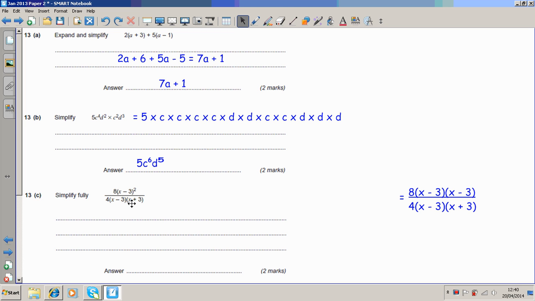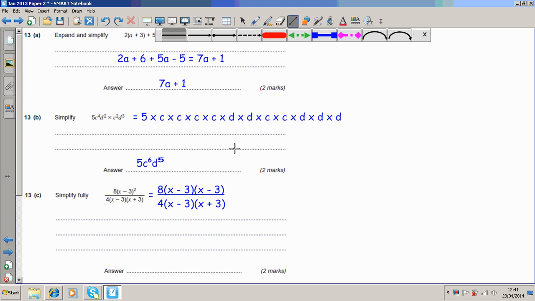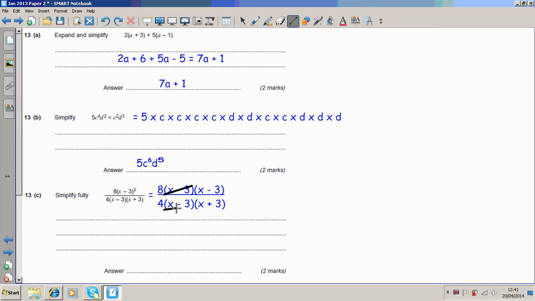Simplify fully. Again, the squared bit here, you must remember that we don't just square the numbers inside them. Squared means, as I've sort of done already over here, you times by itself. So that top bit, (x - 3) squared, is (x - 3) times (x - 3). So now to simplify it, all we do is we get rid of anything that's the same. There's an x minus 3 there and x minus 3 there, because when you divide anything by itself you get 1. And also the number. What is 8 divided by 4? Well, 8 divided by 4 is 2.